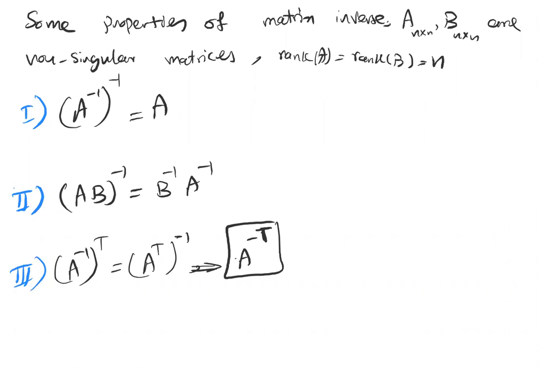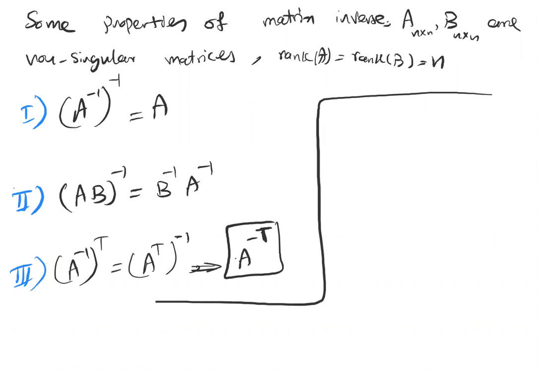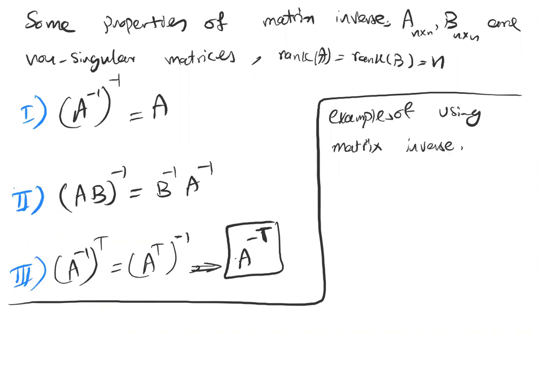So now the question that you may have is, where do we use matrix inverse? One of the very basic examples of using matrix inverse is to solve a linear system of equations.